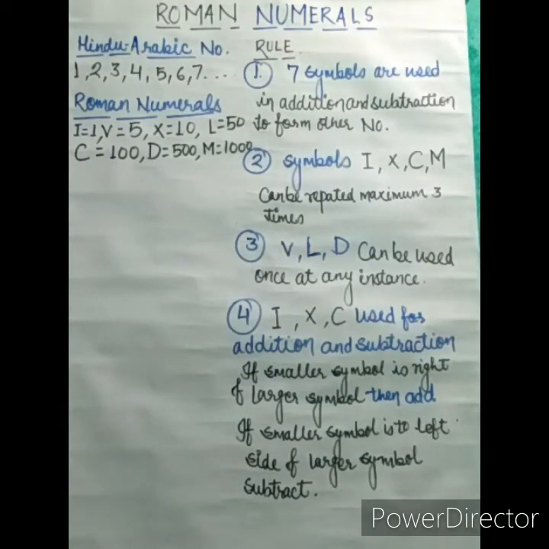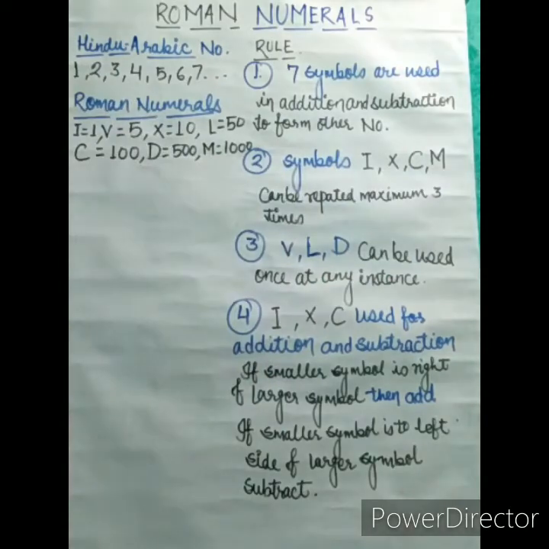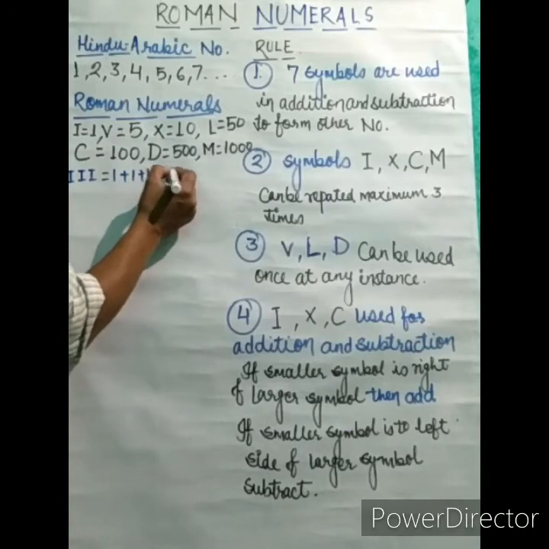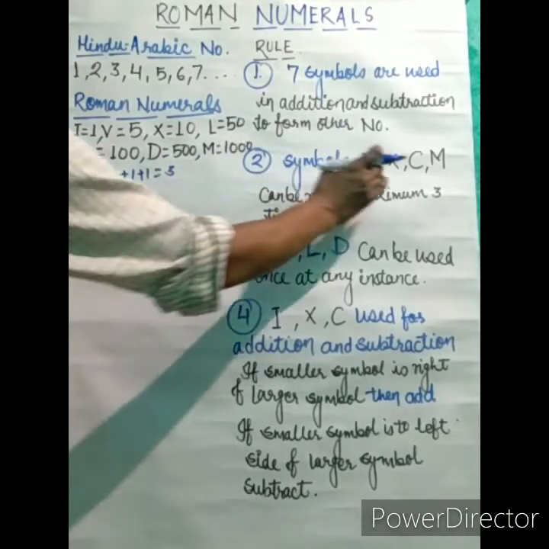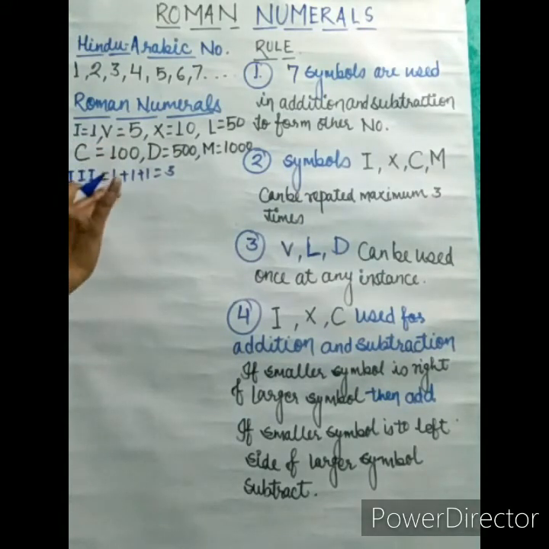So you can see, we will write I three times, which means we add these 3 symbols, because the value of I is 1: 1 plus 1 plus 1 is equal to 3. Always remember, I, X, C and M we can repeat a maximum of 3 times, not more than 3 times.